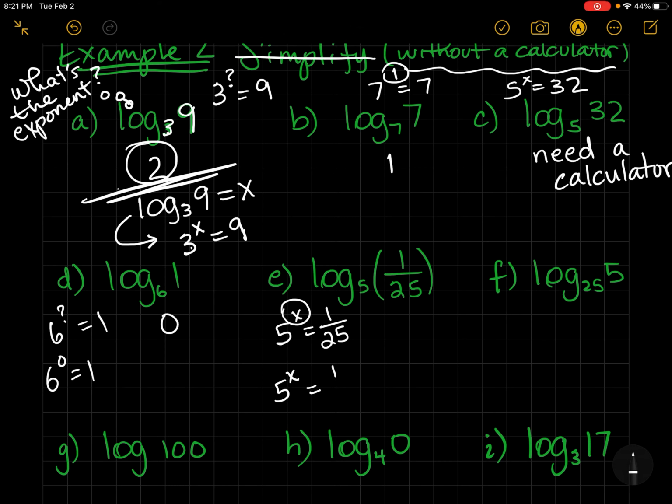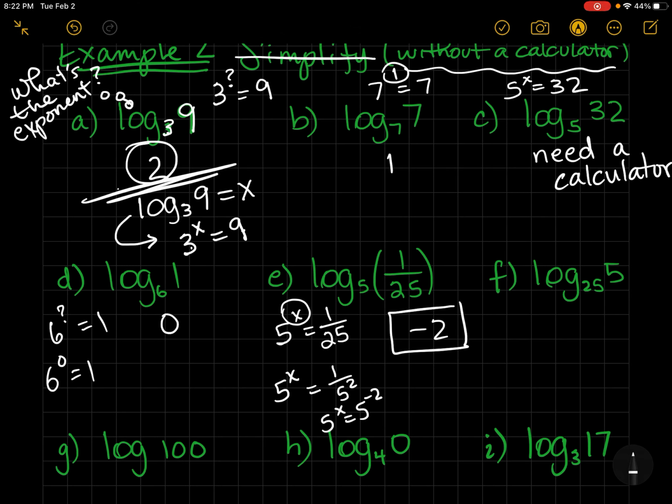This is really 1 over 5 squared, or that's really 5 to the negative 2. So 5 to the negative 2 equals 1 over 25. So negative 2. Don't you see how interesting logs can be?